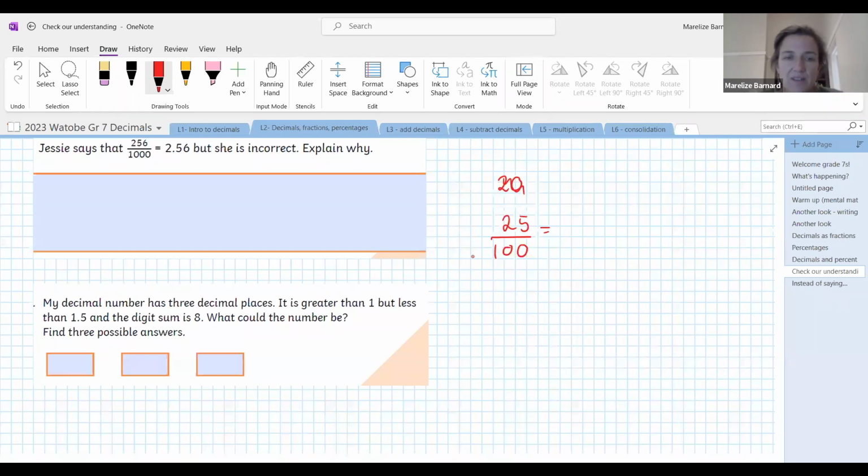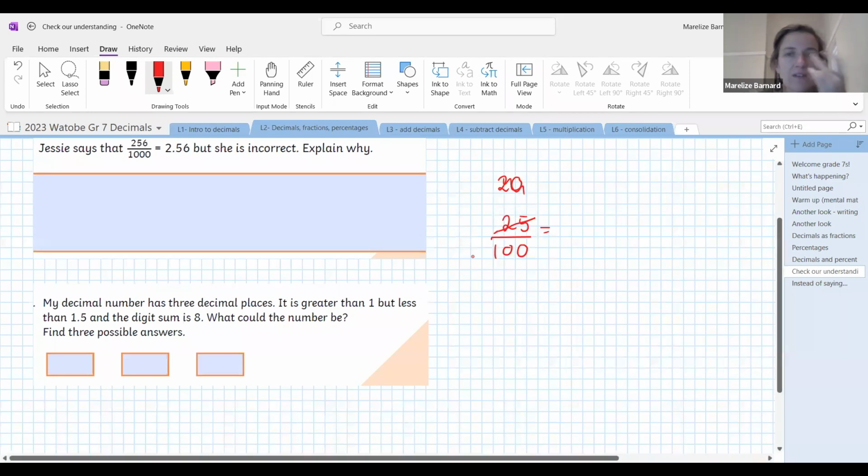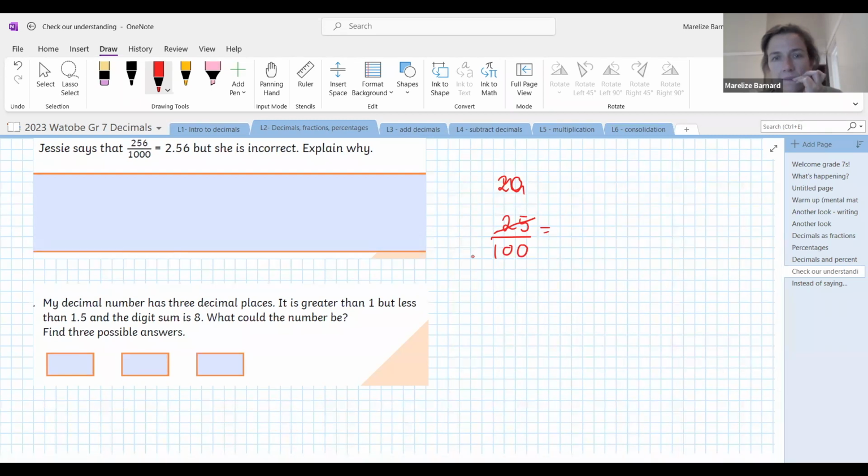Orwetu is helping you. He's saying 5, okay. But 5 is not the biggest number that can go into 25. Is there another number? Leandra is also helping. She's saying 25. 25 goes into 25. How many times? What's 25 divided by 25? 1. But this is a fraction.